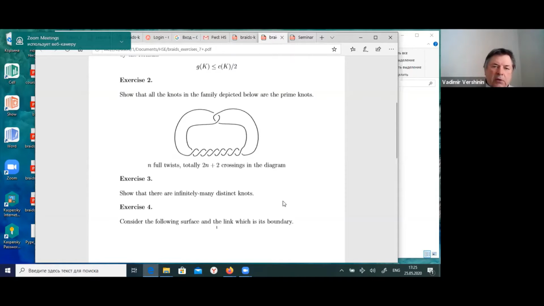We were using the product of colorings, right? And we also can make the connected sum of trefoils, and the number of colorings gives you that they will be distinct knots.